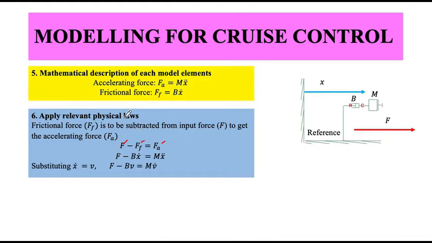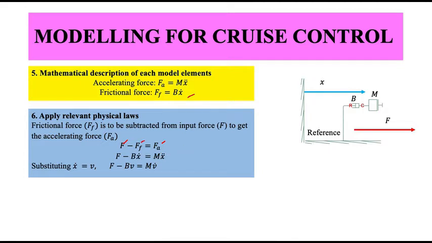So what is the frictional force? The frictional force is b into velocity, and the acceleration force is m into acceleration. So substituting that in, I can write my equation as F minus b into velocity is equal to m into acceleration.